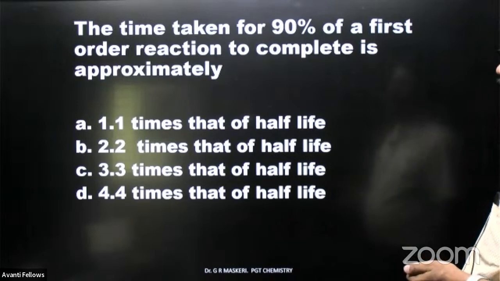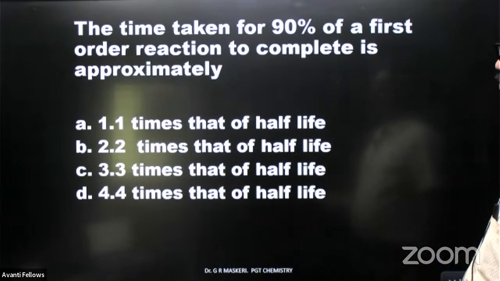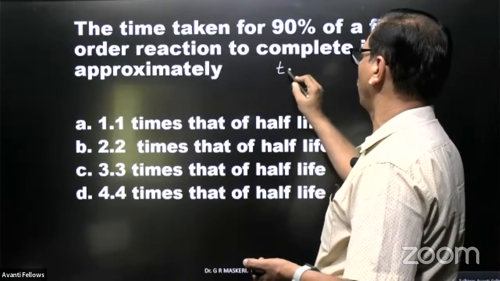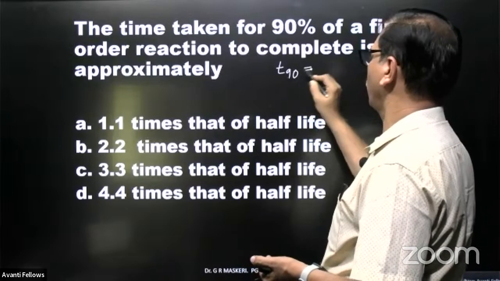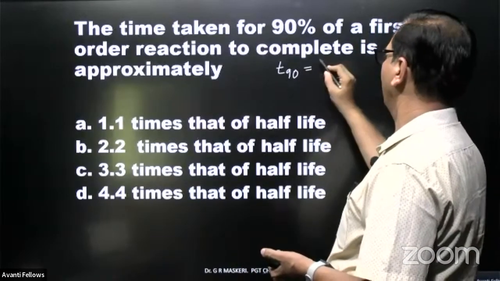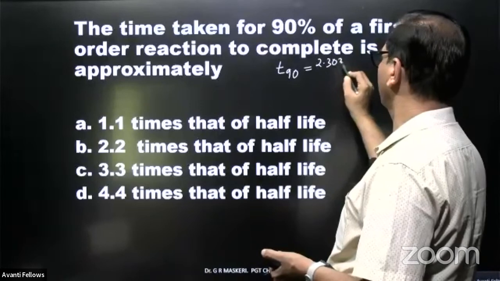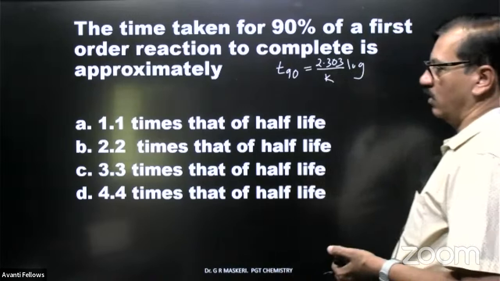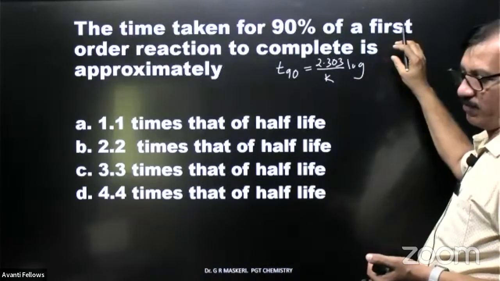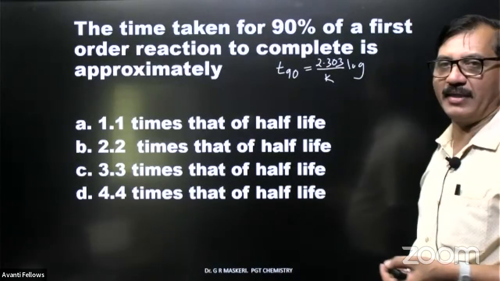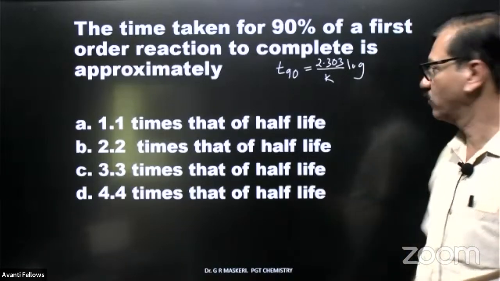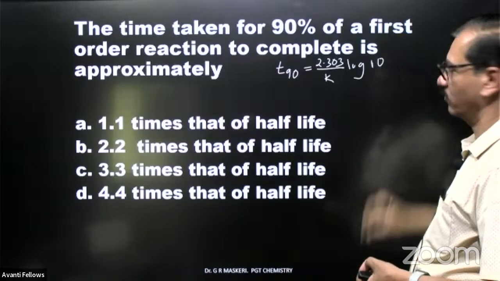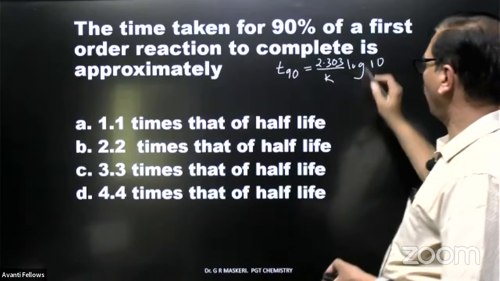Okay, fine. The time taken for 90% of first order reaction. So this also you have to find by the ratio. T90 is for 90%. If I write like this, it is 2.303 by K log of, if initial concentration is 100, 90% completed means the final concentration is 10. Log of 100 by 10 is log of 10 itself, which is 1.